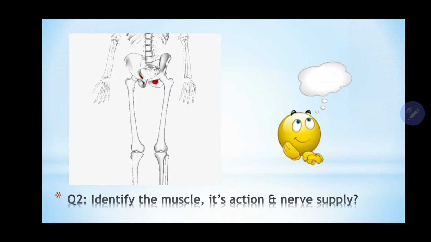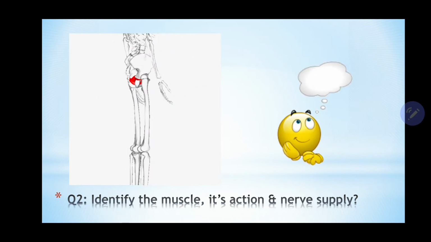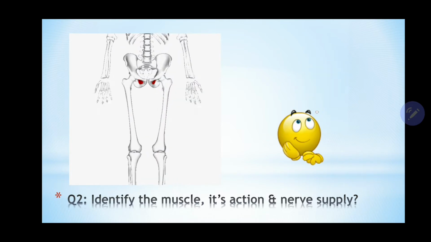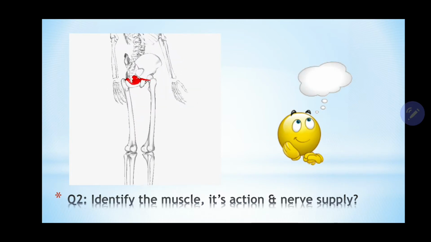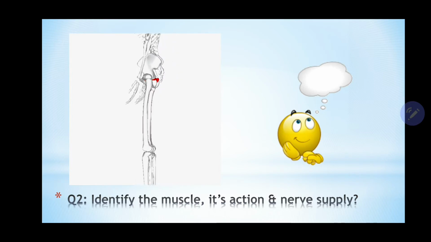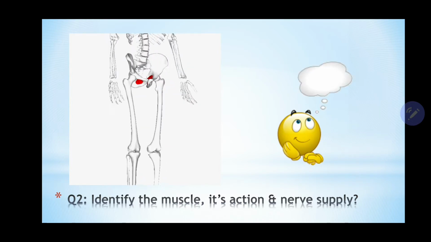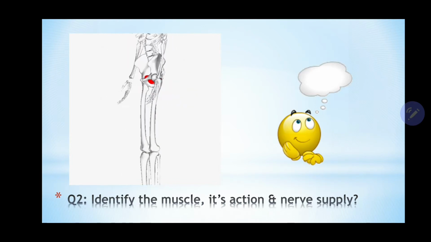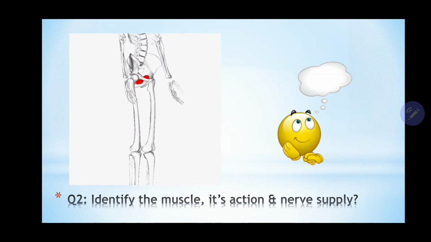The action of this muscle is lateral rotation of the thigh. The nerve supply for this muscle is the nerve to obturator internus, which is L5, S1, S2 ventral division.